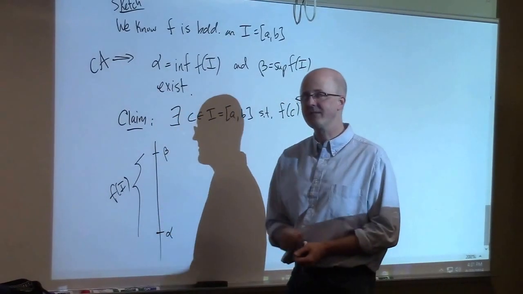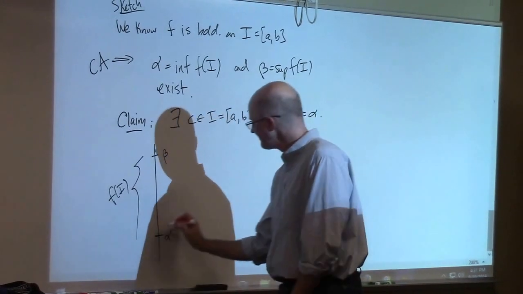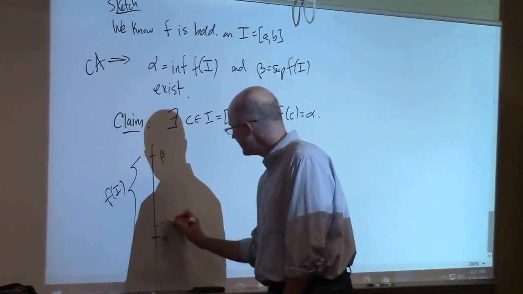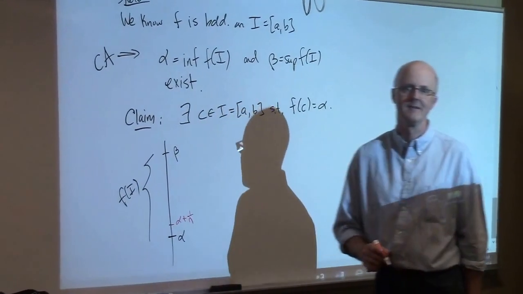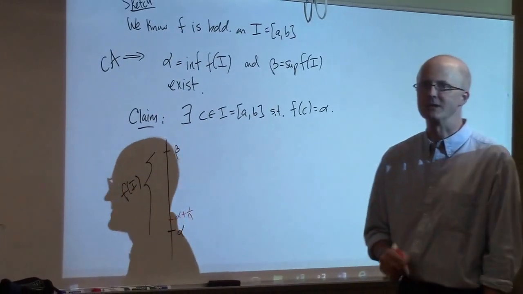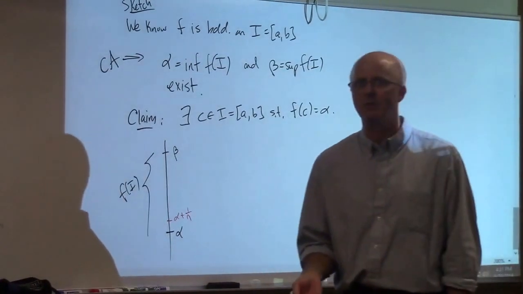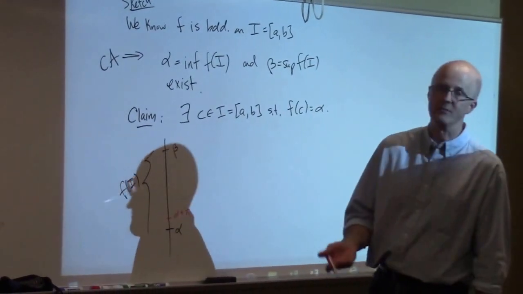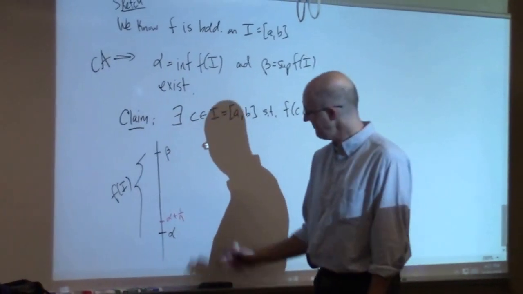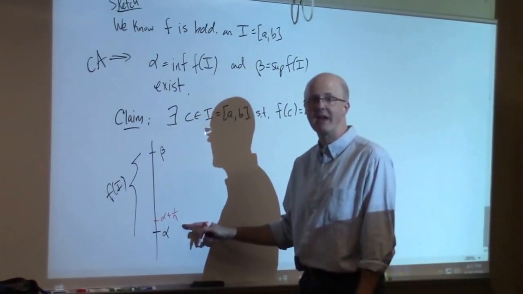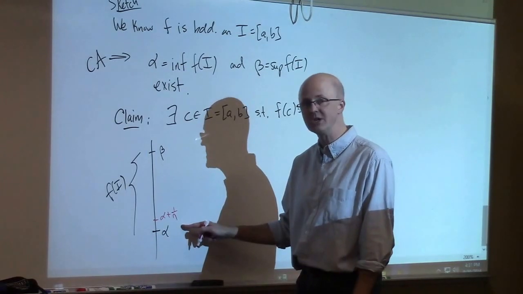For each positive integer n, I can consider the number alpha plus 1 over n. So when n is 1, it would be alpha plus 1. When n is 2, it would be alpha plus a half. When n is 3, it would be alpha plus a third, etc. Really generating a sequence of points that converges to alpha, by definition.